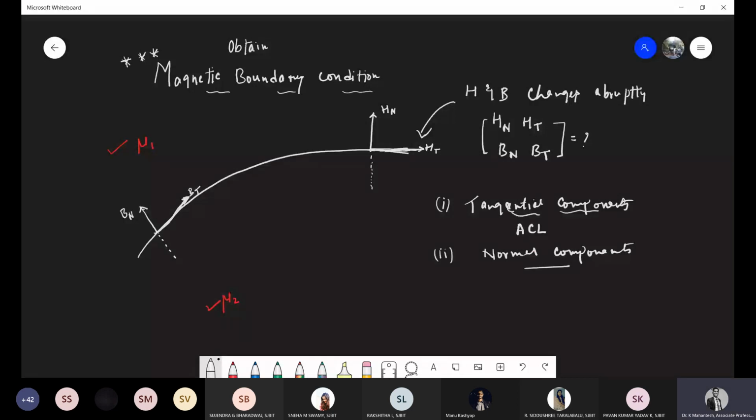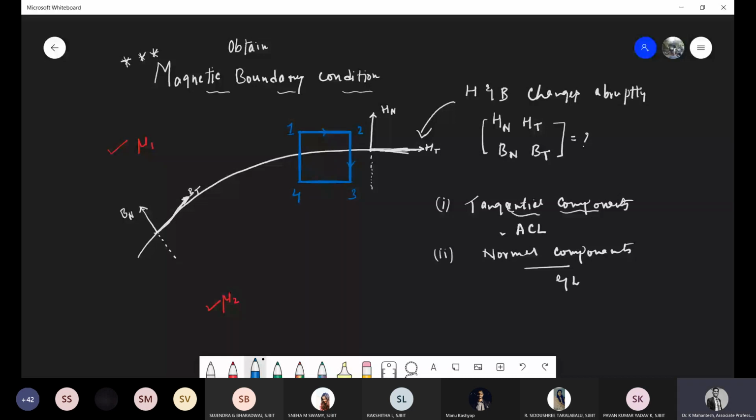So what is Ampere's circuital law? I'll consider a rectangular path, let me draw it in a different color. I'll call the corners 1, 2, 3, and 4, and I'll make it in a clockwise direction.